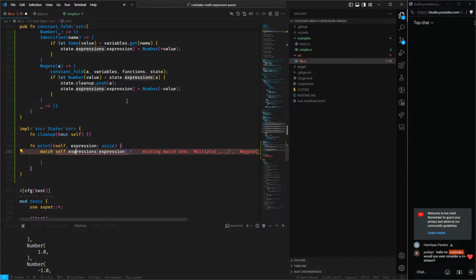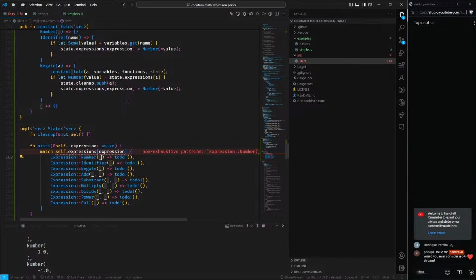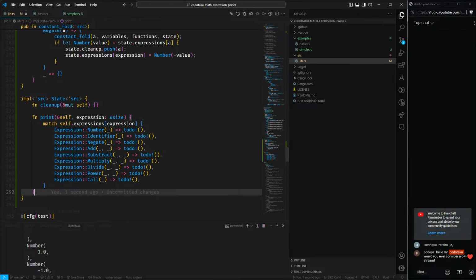Missing match arm multiply. Let's fill everything, right? And let's go. Okay, so here we got number F64. Well, not really print. Maybe we want to actually toString, right? Kind of.